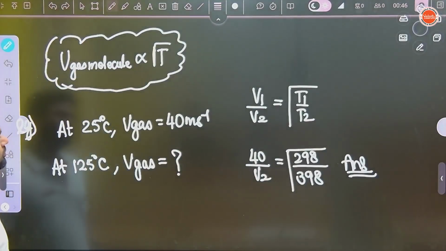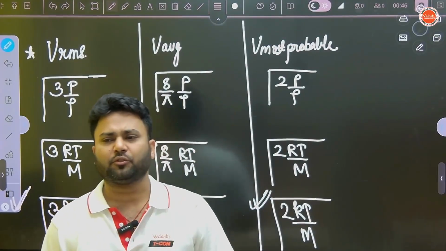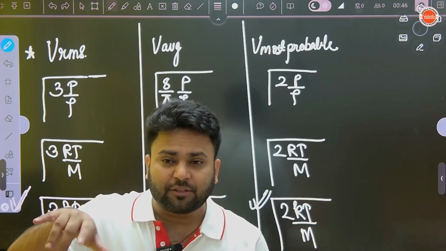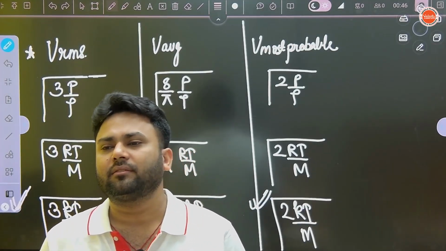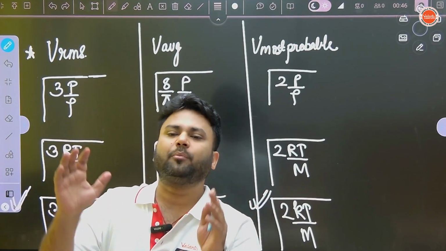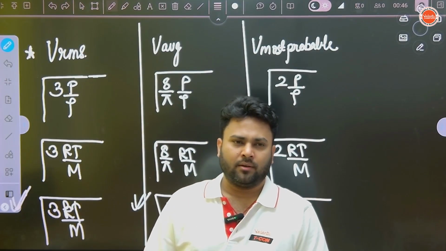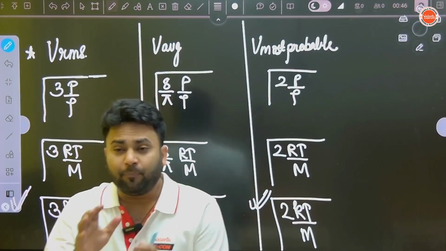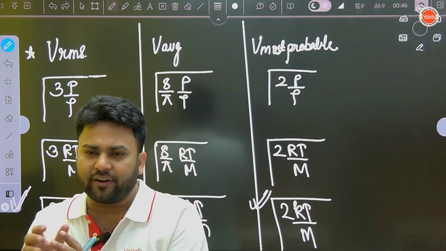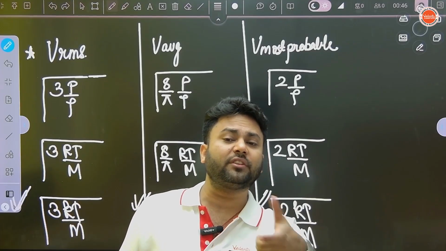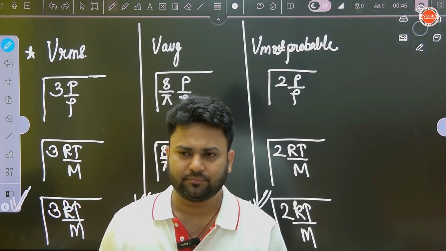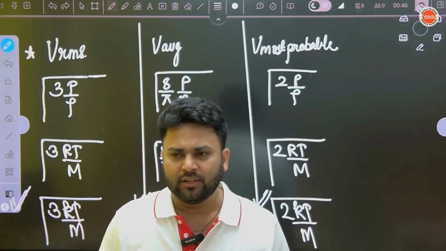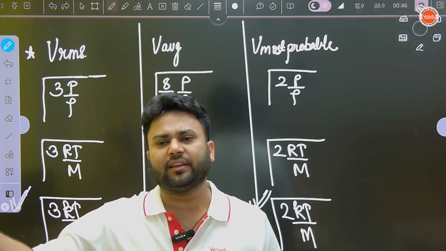Achha, what is most probable velocity? Most probable velocity is that velocity which the maximum number of gas molecules attain. Understood? Suppose I have 100 molecules of gas in a container. Suppose 90 molecules out of 100 are moving with the same speed, that is 1 meter per second. And the other 10 are moving with different speeds. Some are moving with 4, some with 6, 2 with 8.